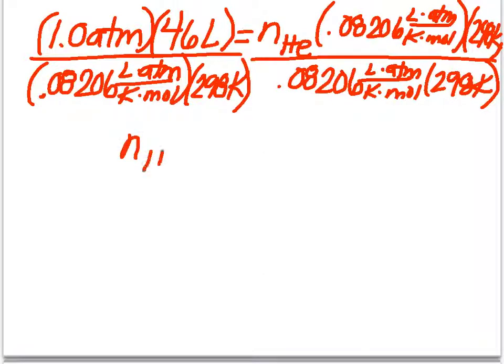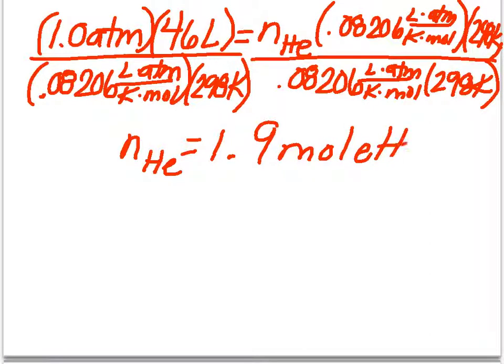So now your moles of helium is equal to 46 divided by 0.08206 times 298, and that rounds to 1.9 moles of helium.